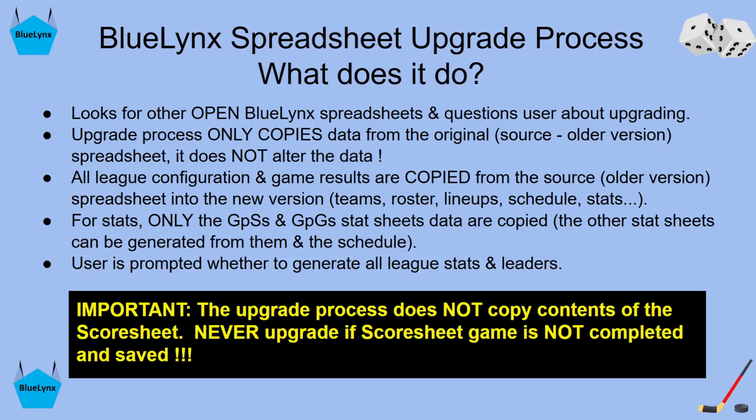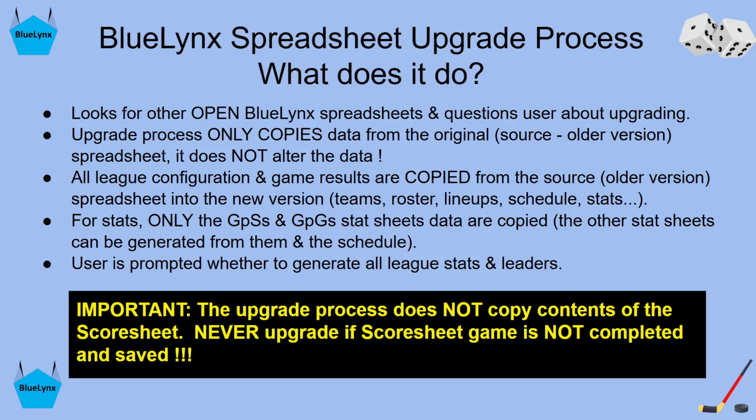At the end of the upgrade, the score sheet is always blank. So always wait to upgrade until you finish a game and save the results of that game, and then you're okay to upgrade, but not during the middle of a game.